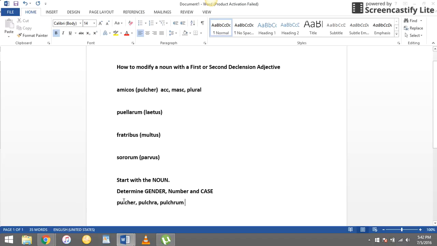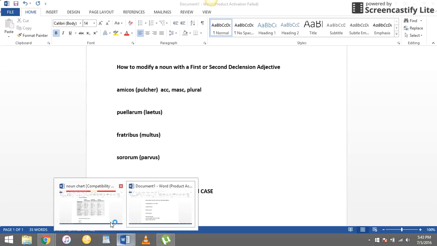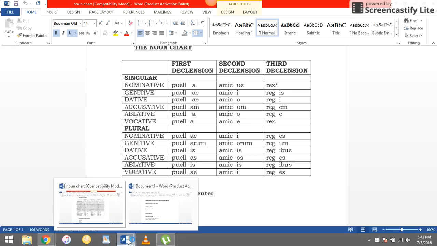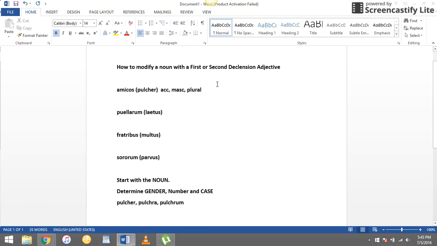This one's the masculine, this one's the feminine, this one's the neuter. So all we have to do, because our noun is masculine, is go to that noun chart, find the masculine, that's second declension, accusative plural ending, and it's OS. So this adjective will actually match. So the answer is pulchros. So your answer would be amicos pulchros. Both of those are masculine accusative plural.